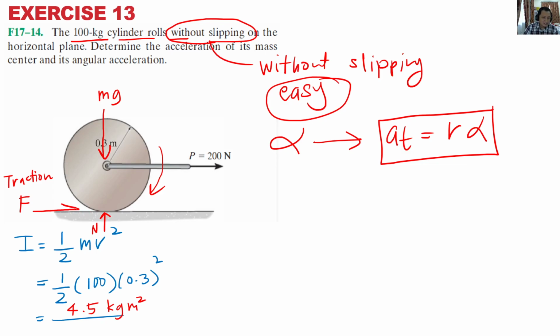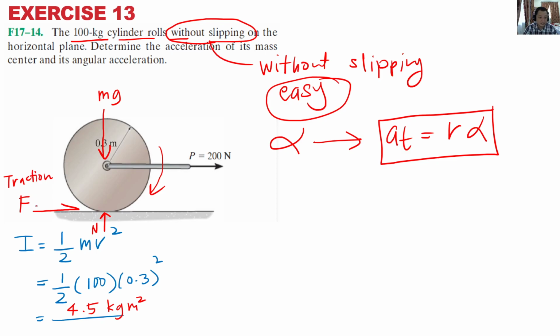Why is this traction available? Because it moves. If you don't have this traction force here, this thing will not be able to rotate and move.